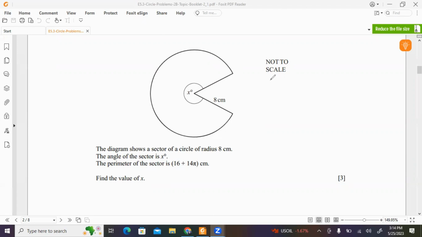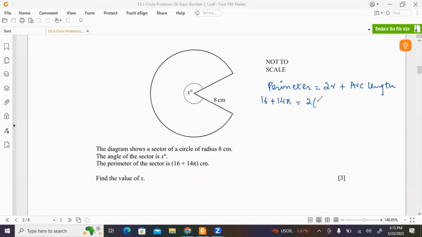So as you remember, the perimeter was basically your arc length plus 2r. That is the formula of the perimeter. So the value of the perimeter, as we know, is 16 plus 14 pi.